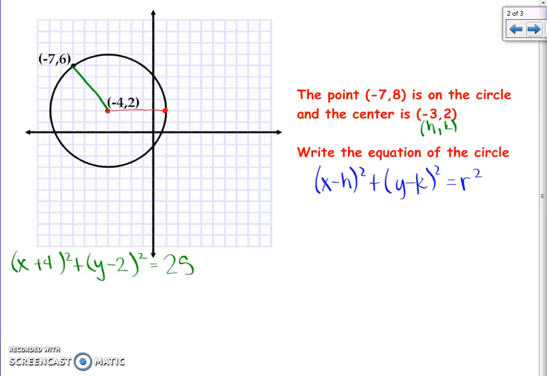Okay? So we're going to solve for that radius right now. So we do know the center, so let's put our +3 here and our -2 right here. Okay, putting the center in there. We don't have the radius, so we're going to keep that as r squared. But where could we find an x and a y?